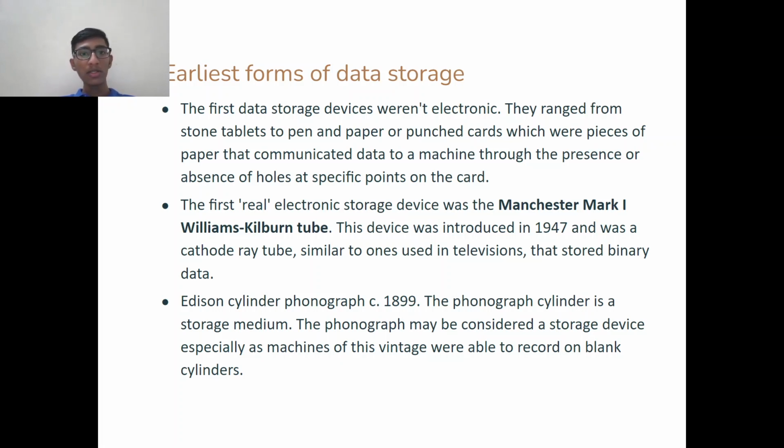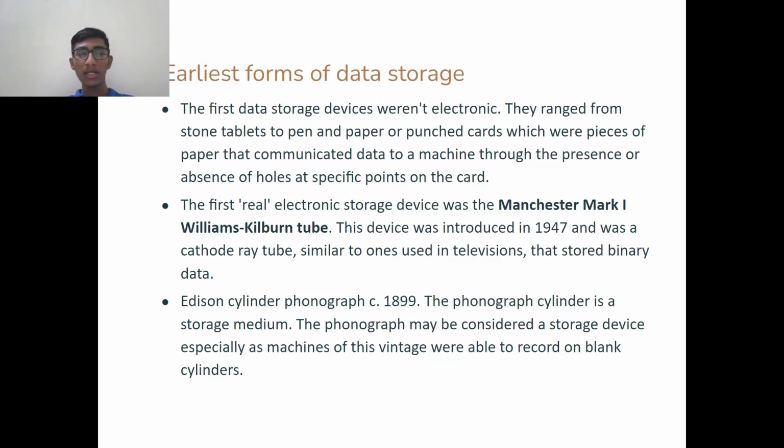So moving on to the next slide, we get to see the earliest forms of data storage devices. The first data storage devices weren't electronic. They range from stone tablets to pen and paper or punch cards, which were pieces of paper that communicated data to a machine through the presence or absence of holes at specific points on the card.